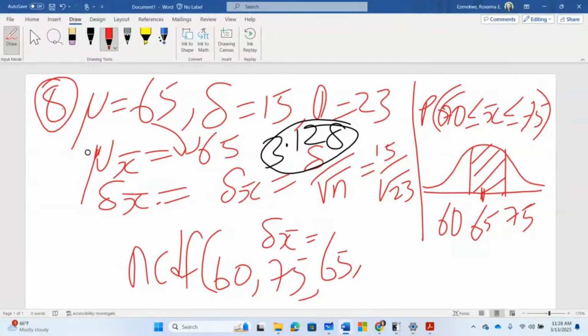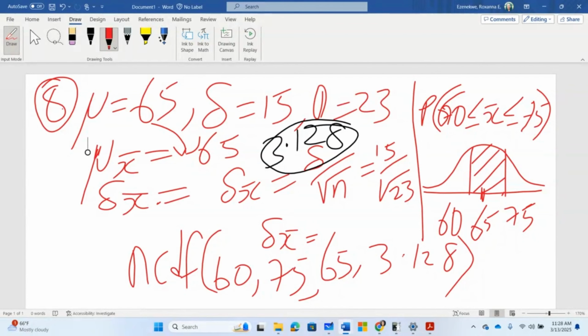The standard error, not the standard deviation, is 3.128, because this is the area under the central limit theorem. Whenever you are told to find the area under the central limit theorem, you put it in. You can use raw data, or you can standardize each of them. Standardizing takes time, but use whichever way is easier for you. If you have to use the chart, then you must standardize all of them.